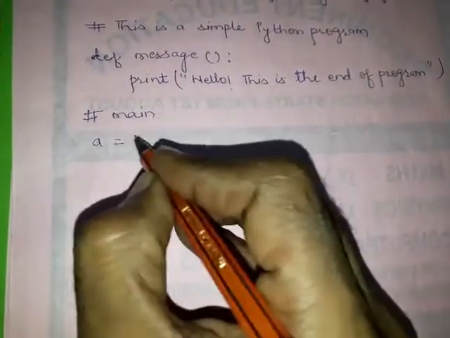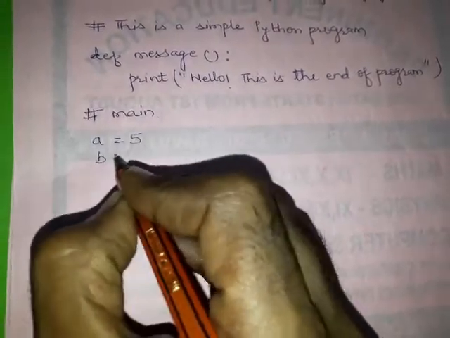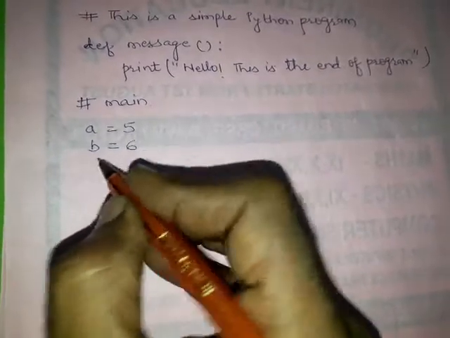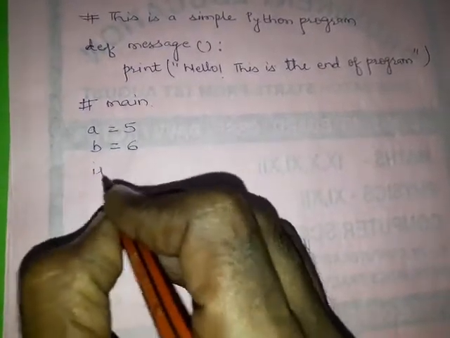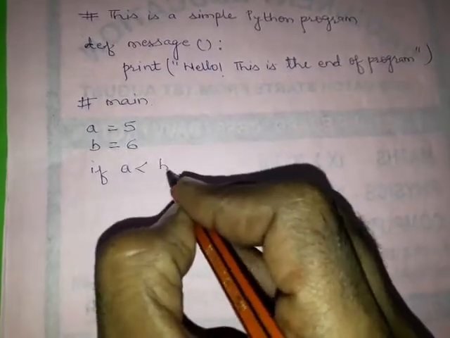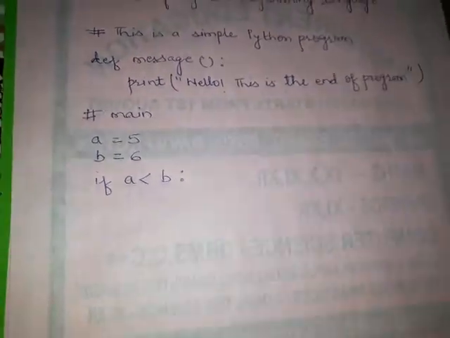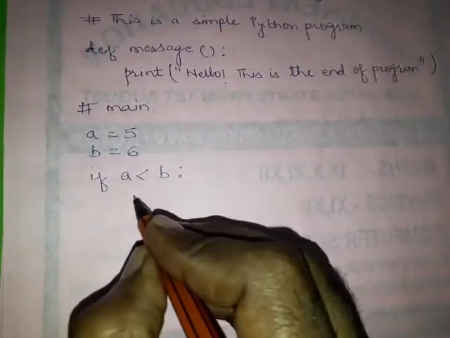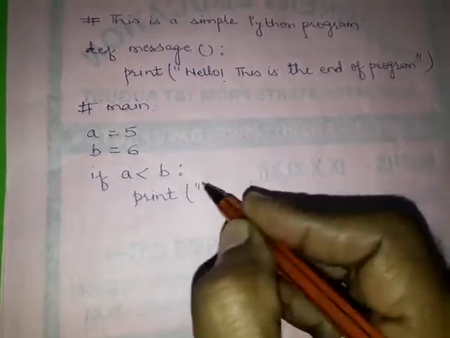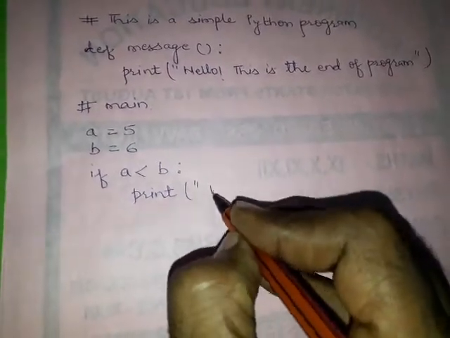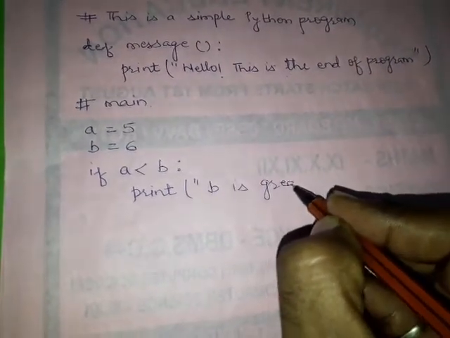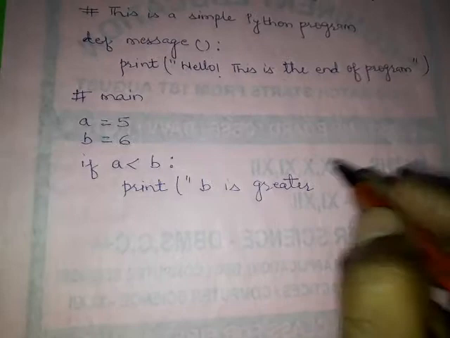a equals to 5, b equals to 6. Compare both of these. If a is less than b, then print b is greater.